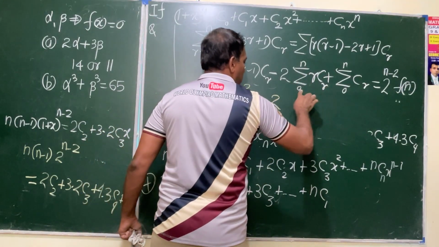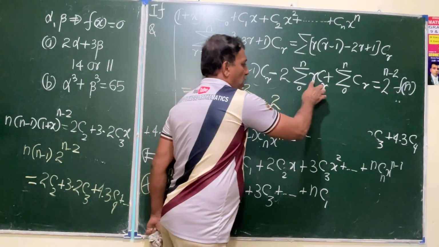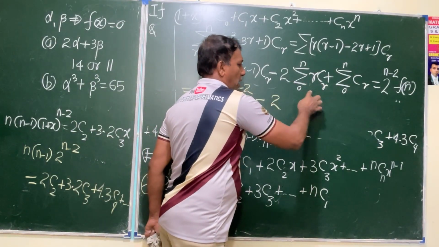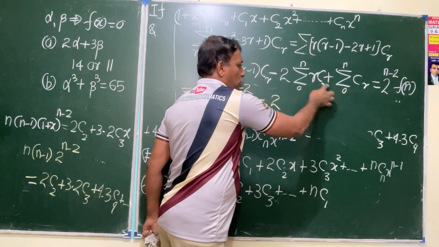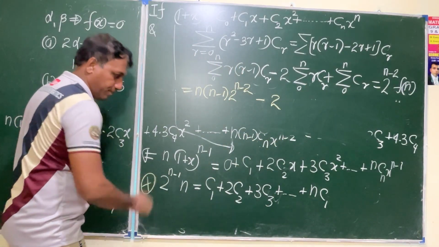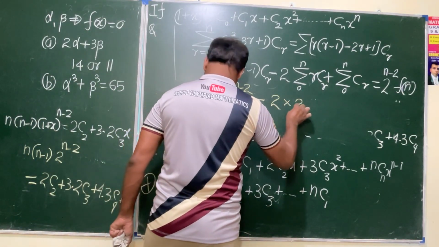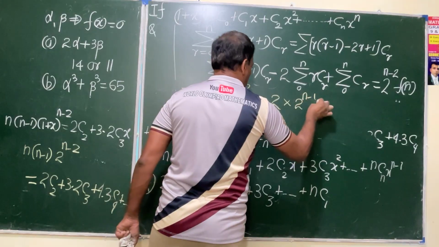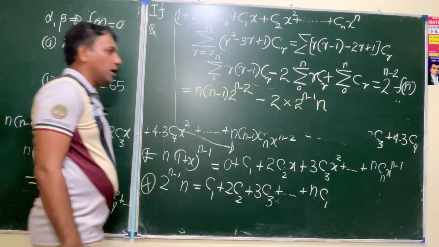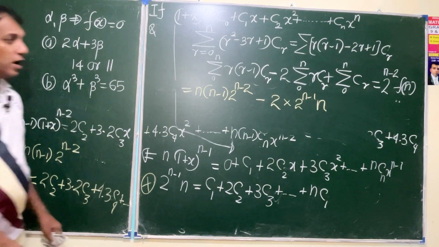Completely, we put r for 0, first term 0, r for 1, 1C1, plus 2C2 plus 3C3 plus 4C4 up to n terms, this one is 2 to the power n minus 1 into n, right? That's the answer of that part.